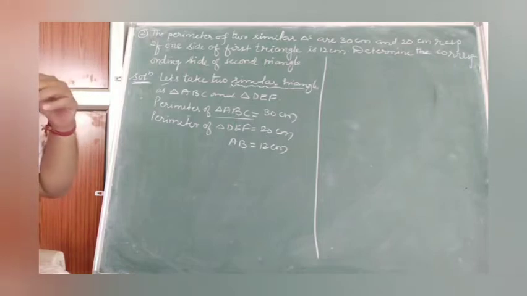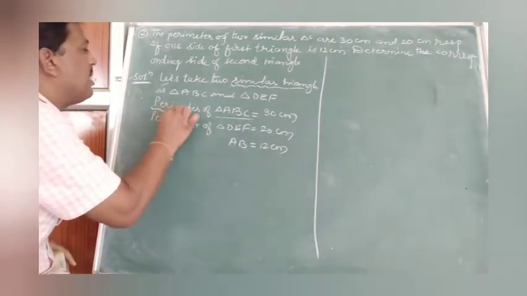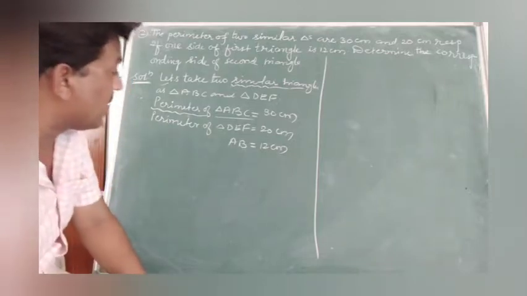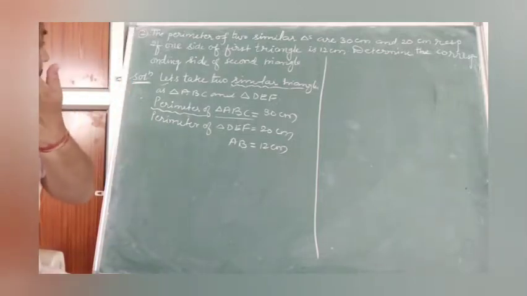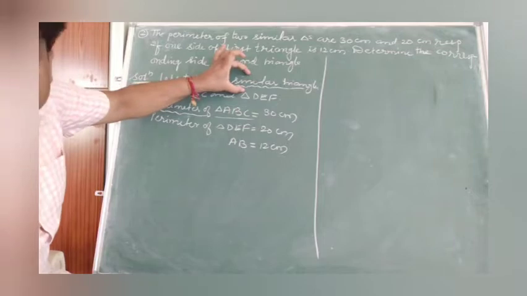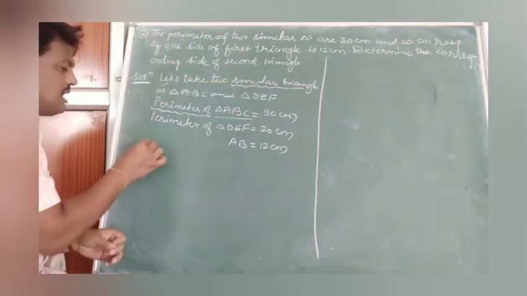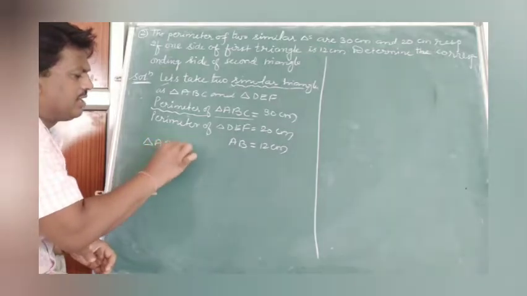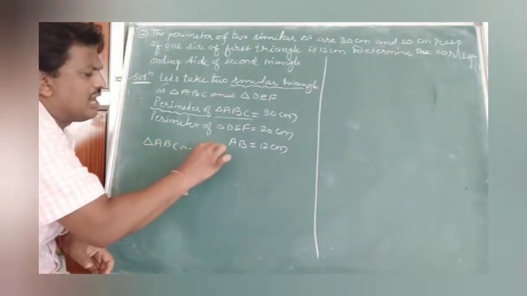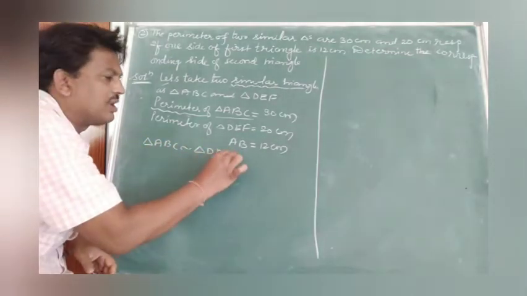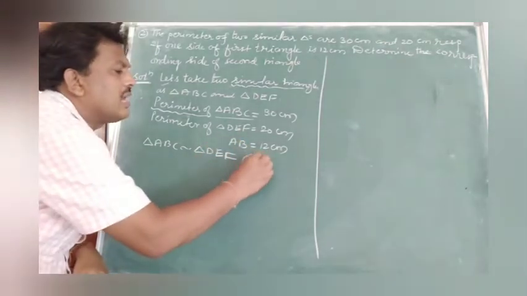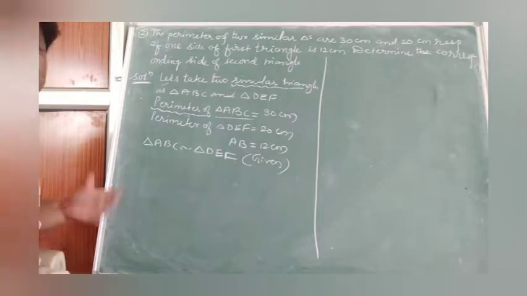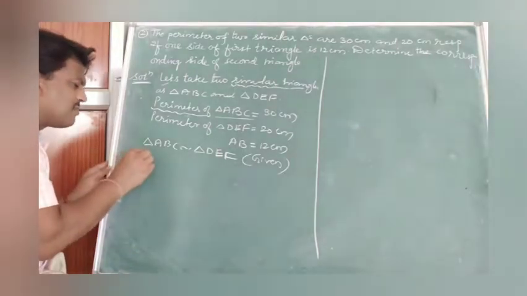These two are similar triangles, children. And one more clue is given, the perimeter. So how to find, children? Let's see first. Use the similar triangles. So triangle ABC is similar to triangle DEF, children. It is given. Where it is similar, we know what? Very simple.